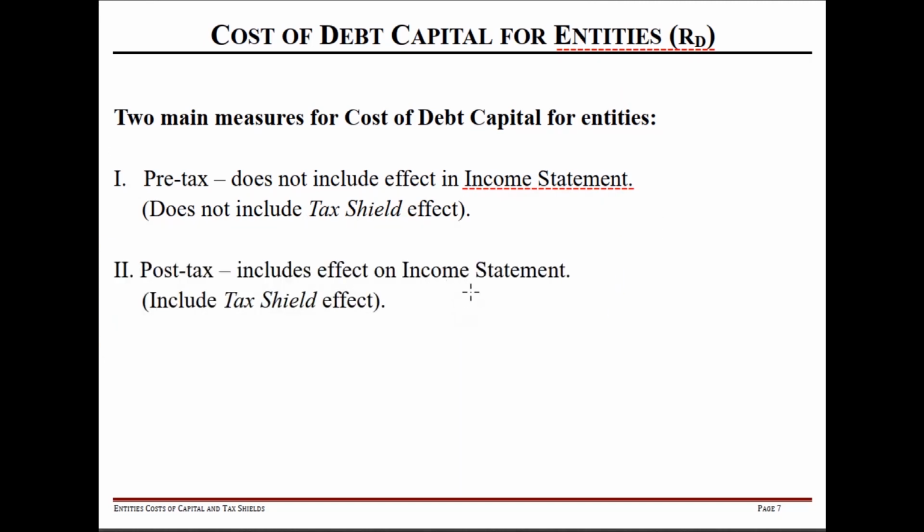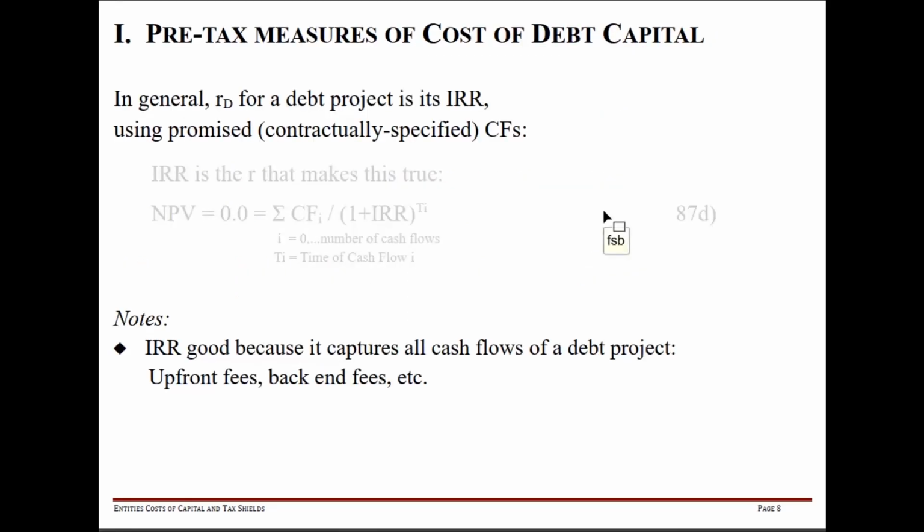The second measure of cost of debt capital for entities is our post-tax cost of debt capital. And this is going to include the effect on the income statement of tax. Okay, and this is called the tax shield effect here. So first, let's beat to death, as usual, our pre-tax measures of cost of debt capital, and then we'll do the same thing with post-tax measures.